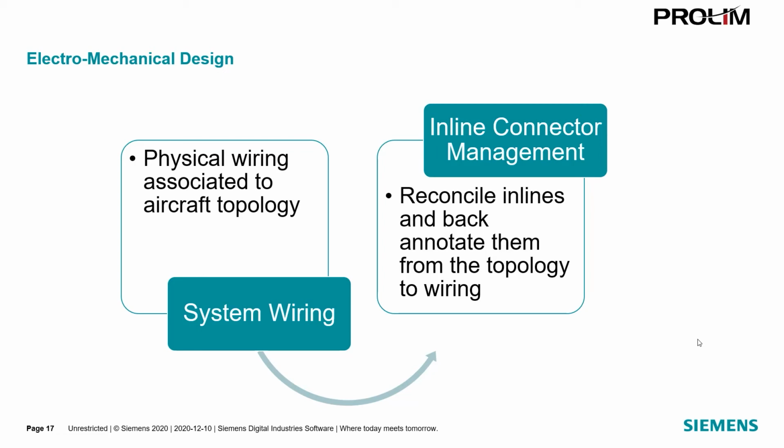What wires are still unrouted, what inlines are available, and if they have available space within those inlines as well, and also do they have the correct cavities that we can actually terminate those wires into. So let's go ahead and we can get into that demo now.